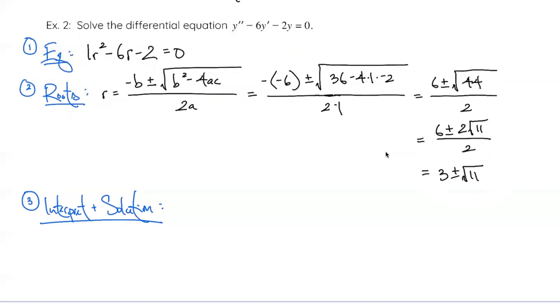So they're distinct and they're both real. So we can, without doing any calculus, say that our solution is C1 e to the 3 plus root 11 times x, and then plus C2 e to the 3 minus root 11 times x.